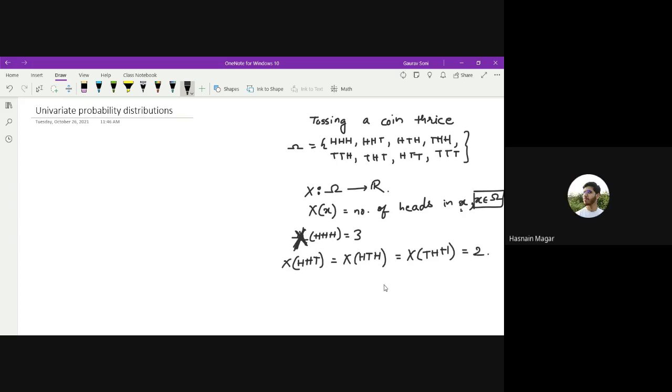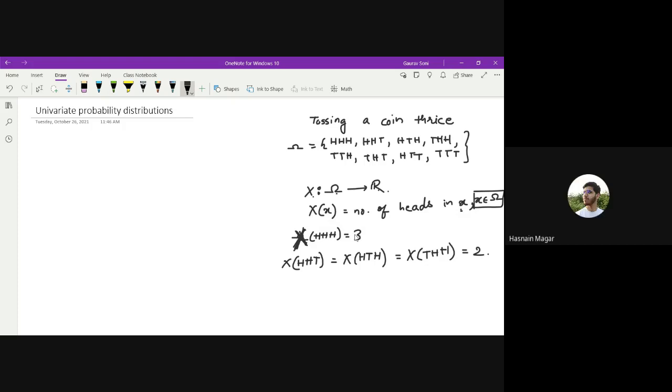Sir, but the number of heads, 3 heads in a row is just 1. Probability is 1. No, no, we are not calculating probability. I have defined a function from the sample space to real numbers. If we are having 3 heads, then it will be 3. What is the problem? What are you not understanding?